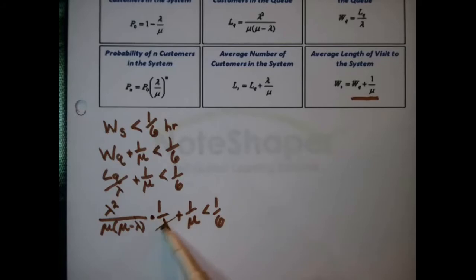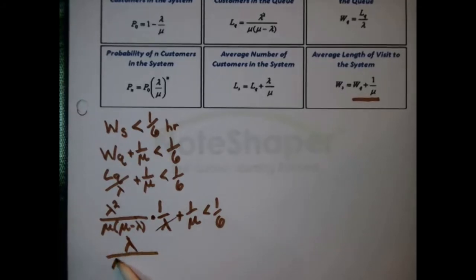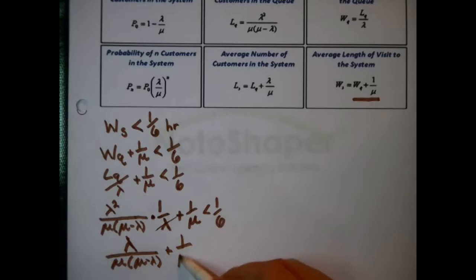Here and there, there'll be a lambda left in the numerator over mu minus lambda, but that goes away. That's nice. And we still have this plus mu over here. Still, this hasn't changed. They would like to see that less than 1/6.